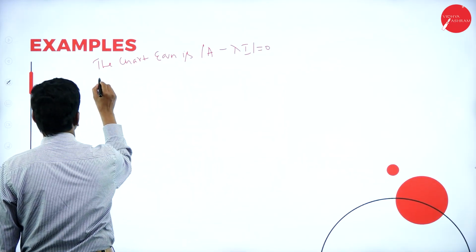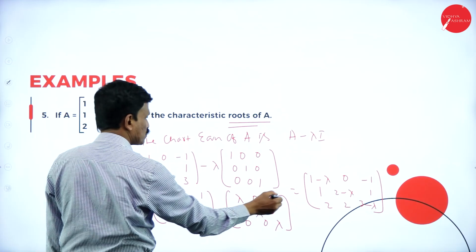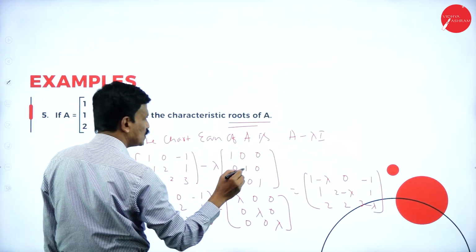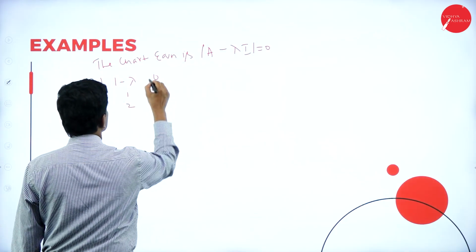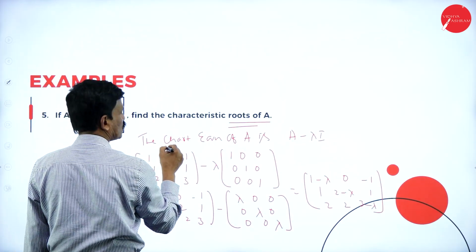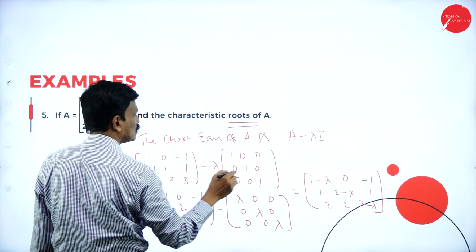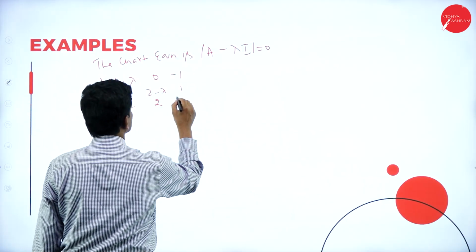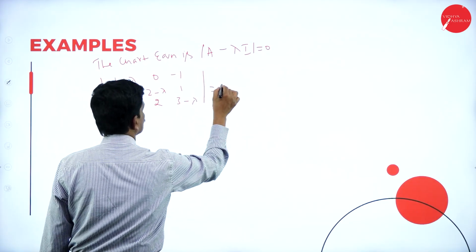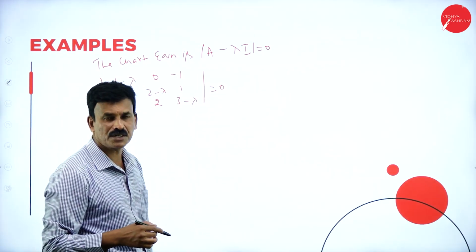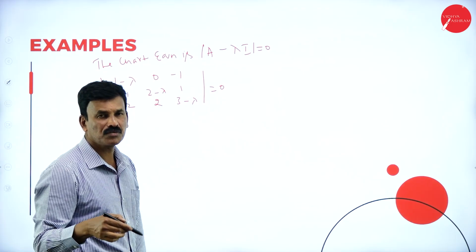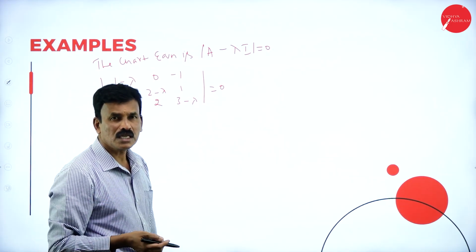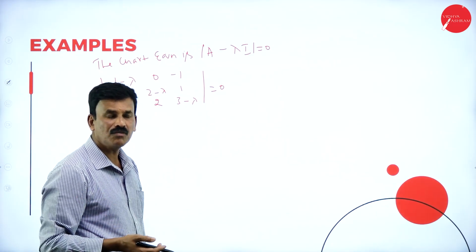That is, the determinant of this matrix: 1 minus lambda, 0, minus 1; 1, 2 minus lambda, 1; 2, 2, 3 minus lambda, is equal to 0. Simplify this third order determinant and you will get a cubic equation. Solving that cubic equation will give the values of lambda, which are nothing but the eigenvalues.